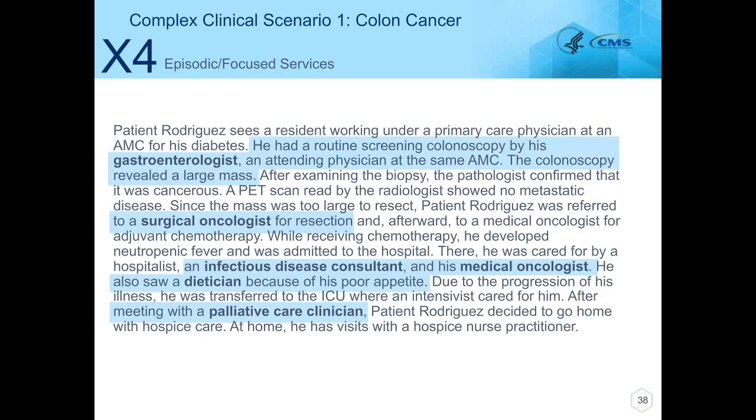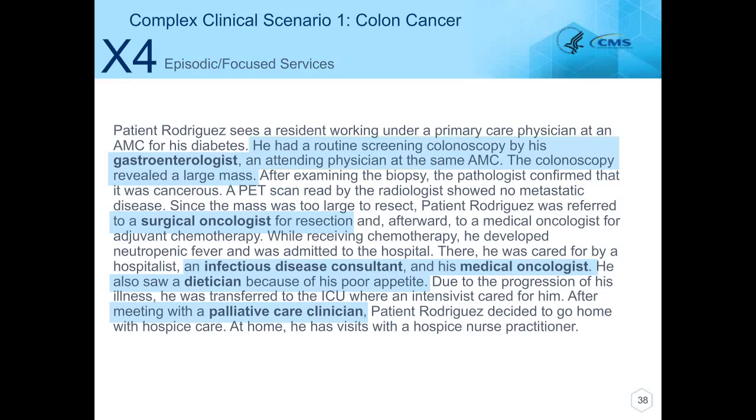So several of the clinicians also fall under the X4 episodic focus services. The patient receiving the routine screening colonoscopy by the gastroenterologist receives a focus service on the colon. It's episodic in nature given that it's a procedure. The surgical oncologist also does a procedure doing a resection focused on the mass.